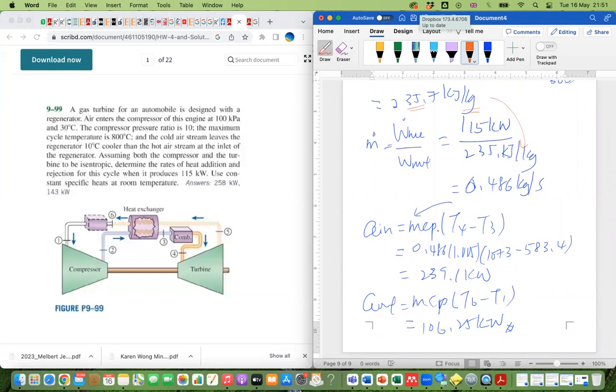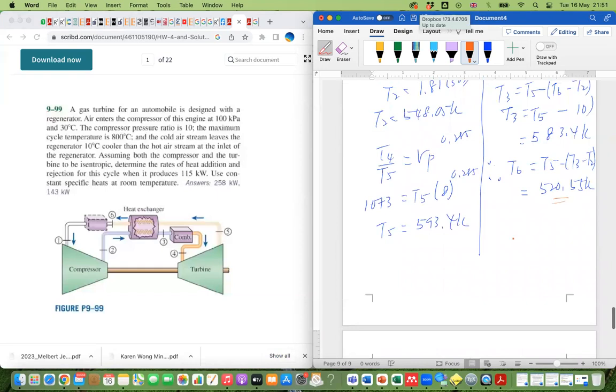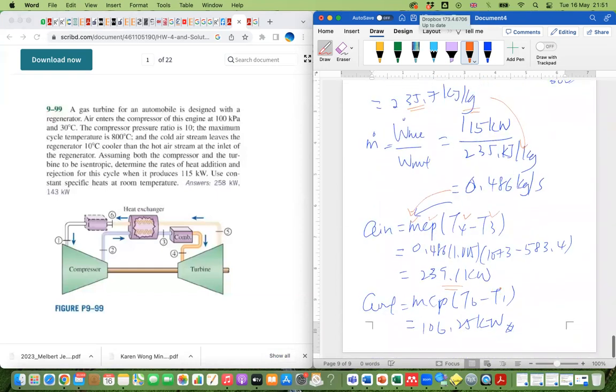Yeah, m Cp, since I have the m from here, I have the Cp. I also know the T4 given, and I found the T3. Therefore, you can easily get your Q in. But for my Q out, m Cp times T6 minus T1. So we also know the T6 from above. Where is the T6? So from here, okay, T1, right? And therefore we can have our Q out, okay?